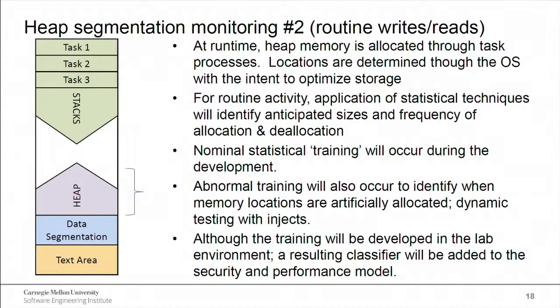Training the classifiers, for those that are familiar with a lot of the traditional ML. We train those classifiers based upon each individual task, and then we aggregate each set of those individual training amounts so that we have some general knowledge of how that task grows over time, how it pulls in more and more of the heap so that it can be used for dynamic memory allocation.